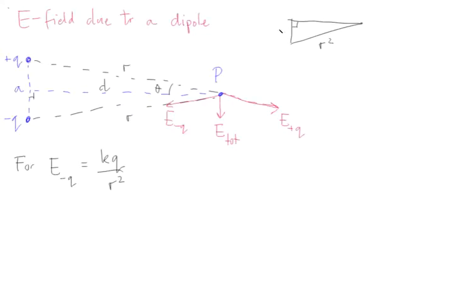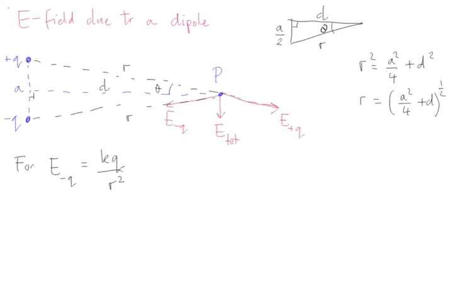This length here is a upon 2, and the base here is d. So from Pythagoras, r squared is equal to a squared upon 4, a upon 2 all squared, plus d squared. And if I square root, I get r is equal to a squared upon 4 plus d squared, all to the power of a half.